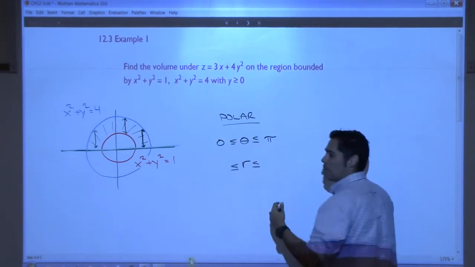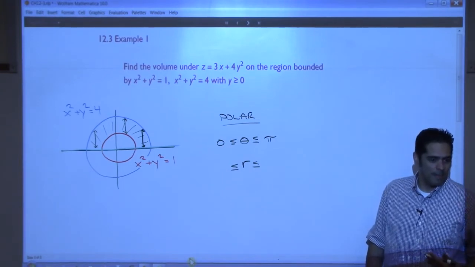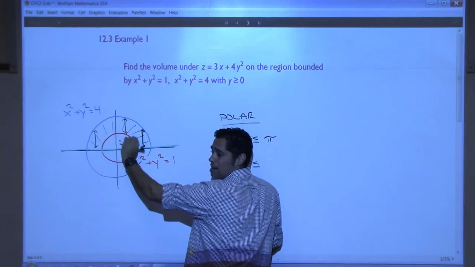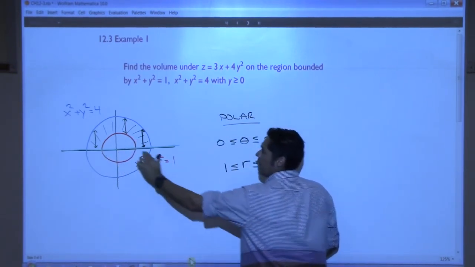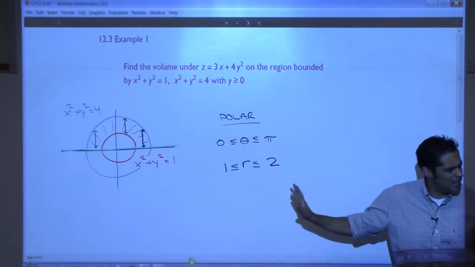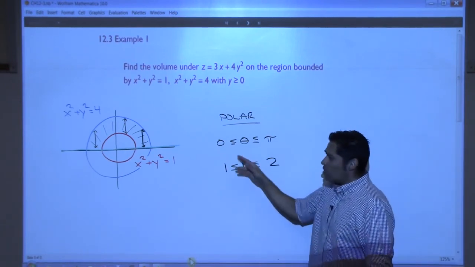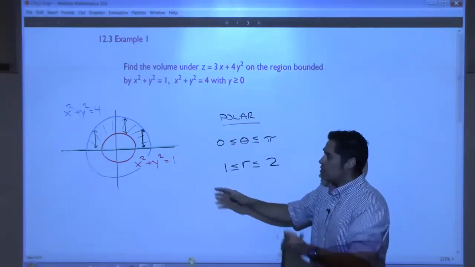And then as far as the radii are concerned, the smallest that you can walk out would be to get to the red, so 1 would be the smallest. And then the most you could walk out would be 2. Does that make sense to you? You're taking all points where you're turning between 0 and pi, and you're walking out between 1 and 2, and it should draw this.